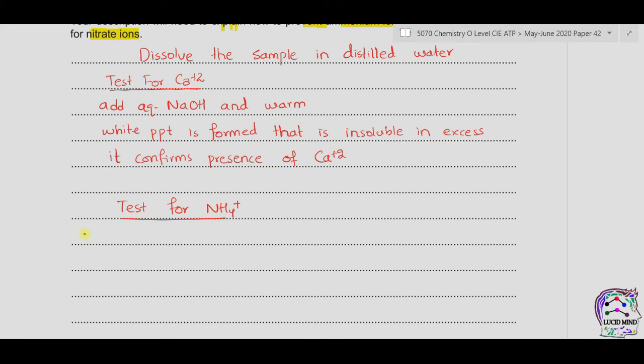So we can write: add aqueous sodium hydroxide and warm. Then the gas that is produced can be tested with moist red litmus paper.